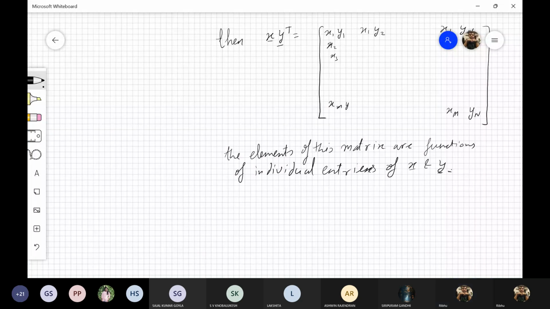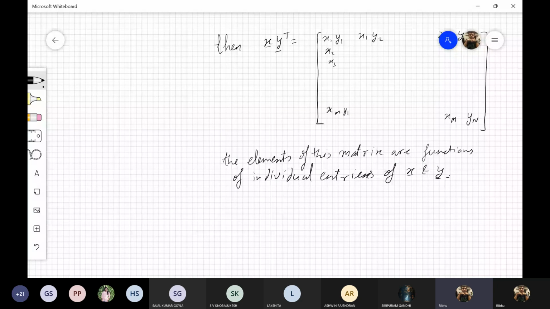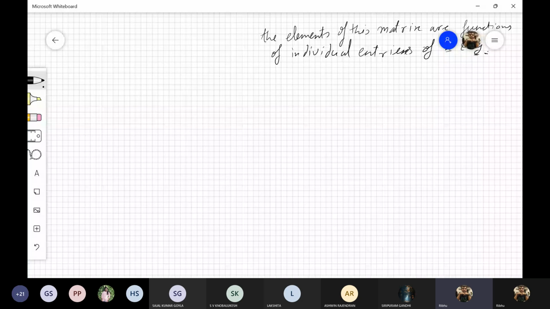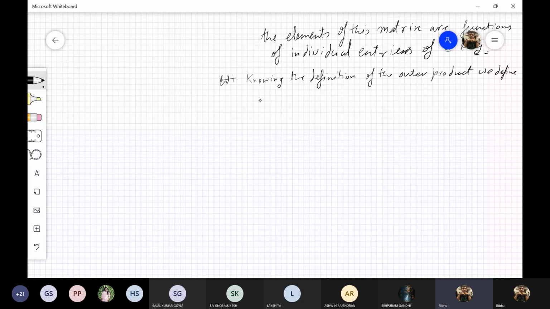So with the definition of the outer product in our heads, the outer product is defined for a random vector x equals x1 till xn.